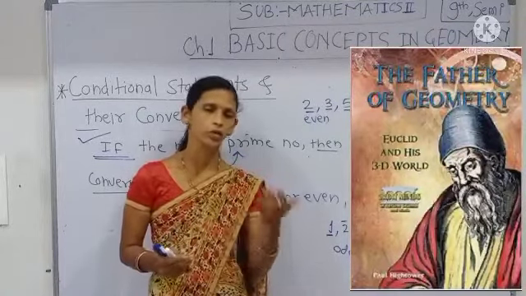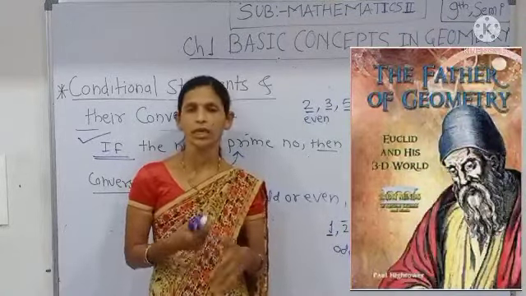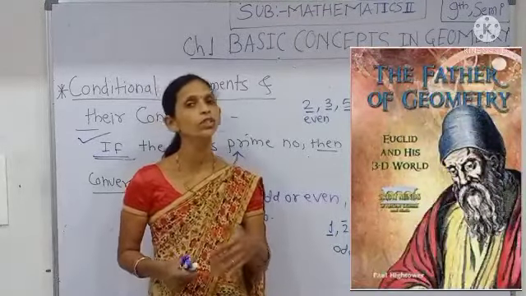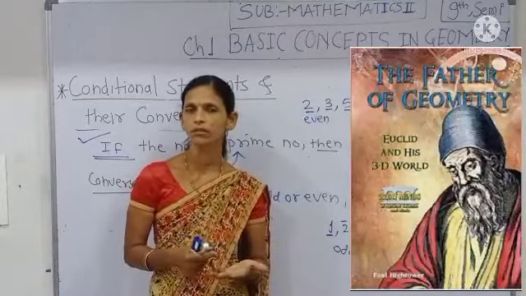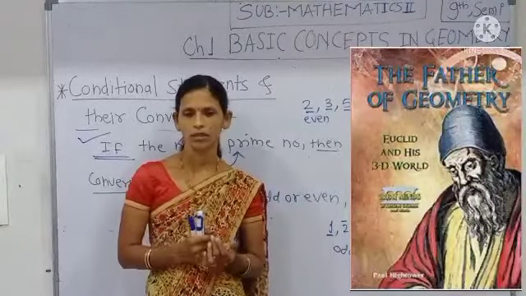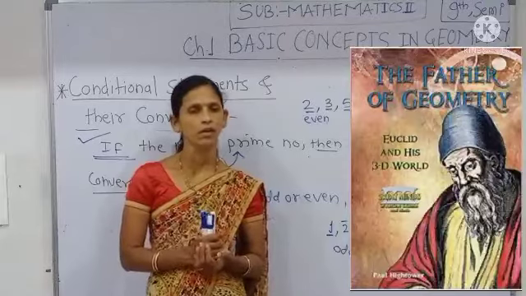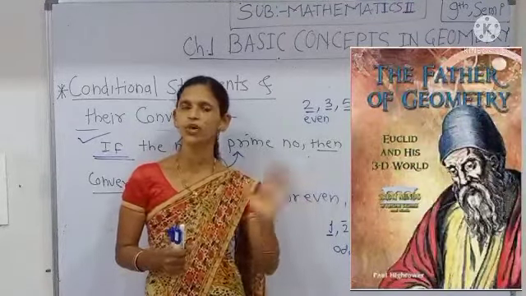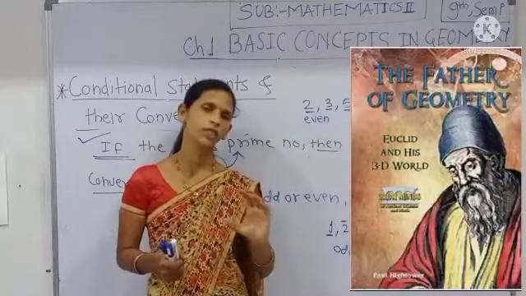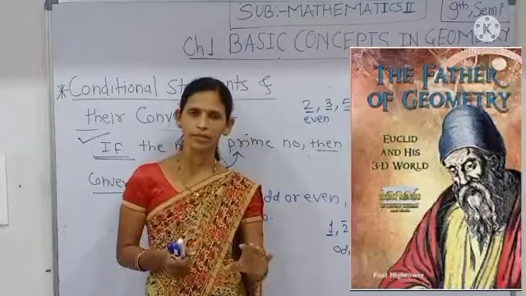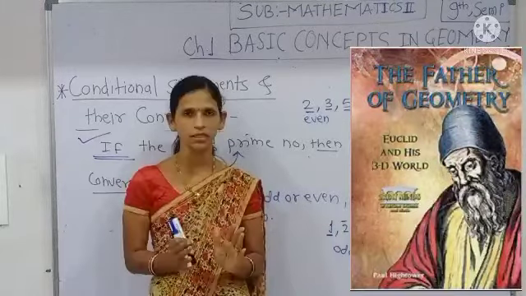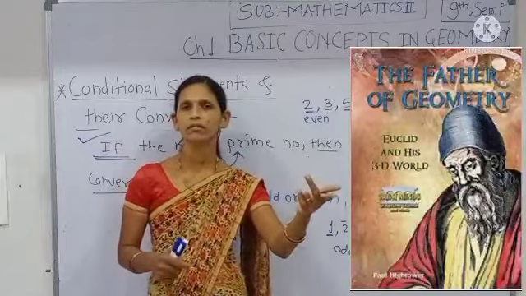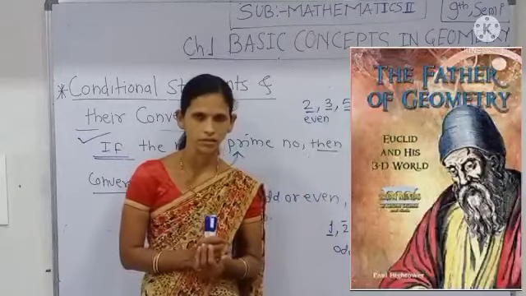That means Euclid gave a few basic properties related to geometry, and he gave the evidences for that. Those properties, those conditional statements, are taken as they are to prove the other conditional statements.